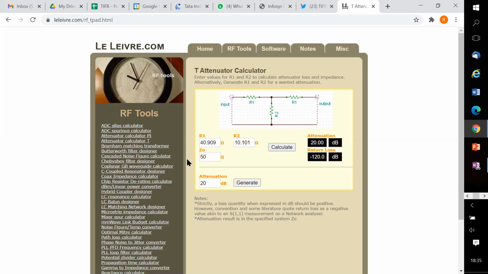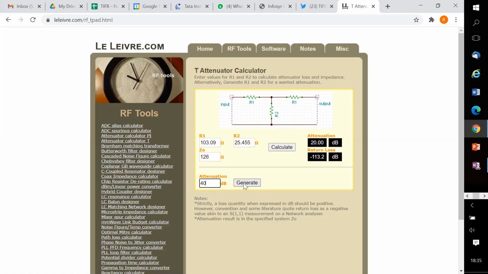Let me show you another thing. If I change the convention of this from a 50 ohm system to some arbitrary value, let's say 126 ohms, and do this, look at this value here, R1 plus R2 is 128 ohms.